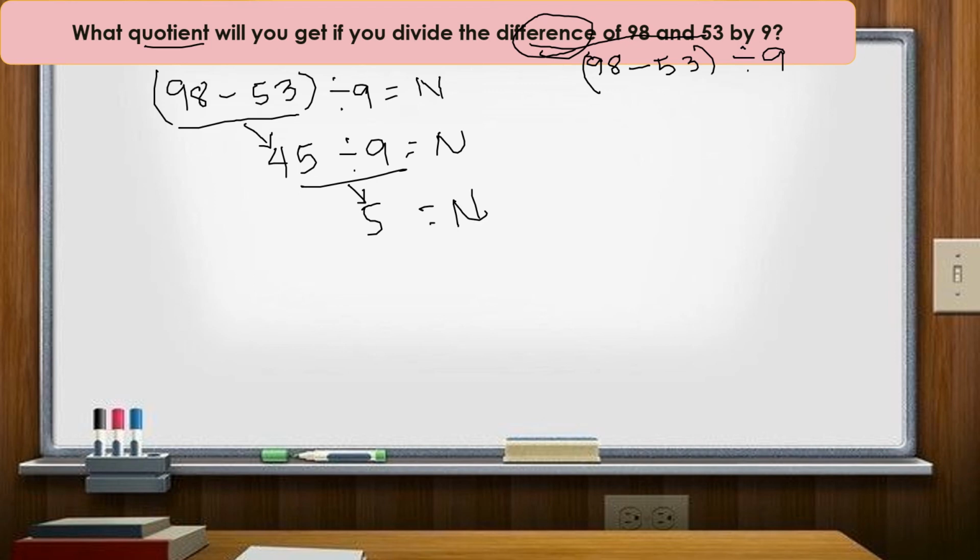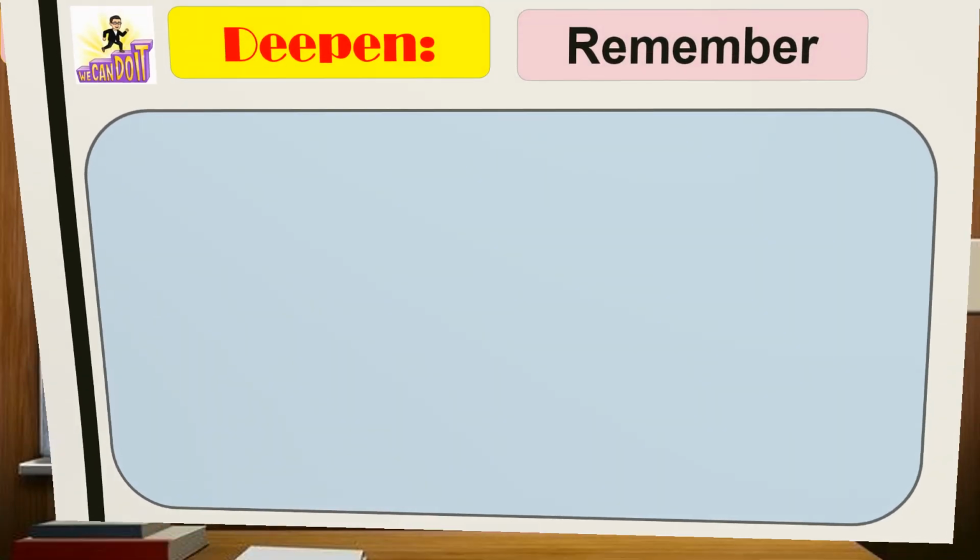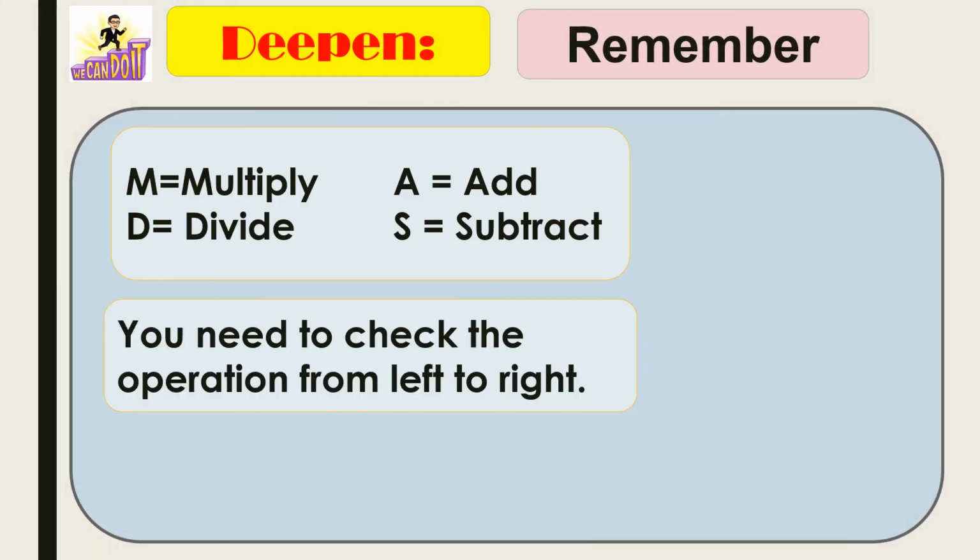Okay. So therefore, the number that we're looking for here is 5. So, remember, multiply and divide is MD, and add and subtract is AS, the so-called MDAS rule. Again, you need to check the operations from left to right and then decide which will be first.